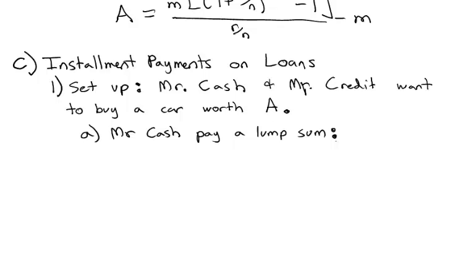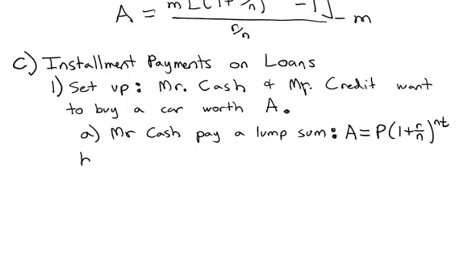So how much money is the company going to make? Well, it's a lump sum investment. And so we know A is equal to P times 1 plus R over N to the NT. The present value of the vehicle times the investment the car company is going to make by investing that lump sum.